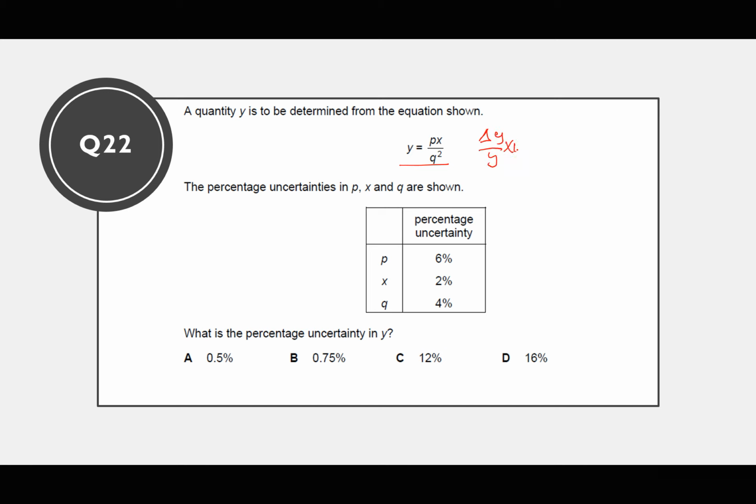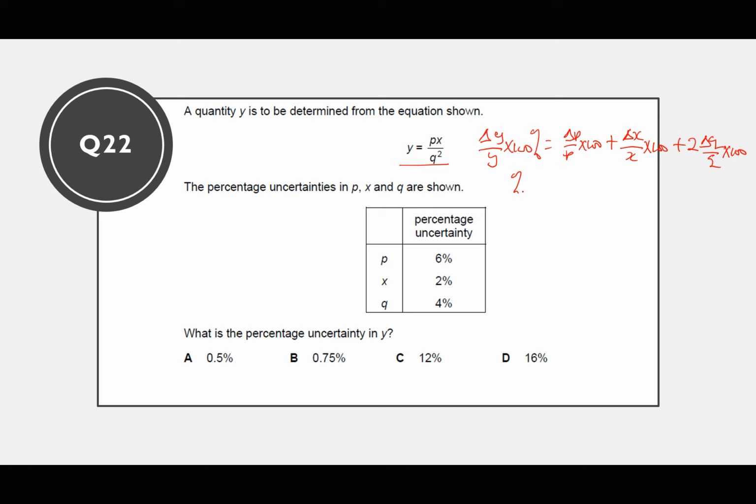When I multiply it by 100, the percentage in y will be equal to the fraction in P over P times 100 plus the fraction in X times 100 plus twice, because of the square on Q, the fraction in Q over Q times 100.